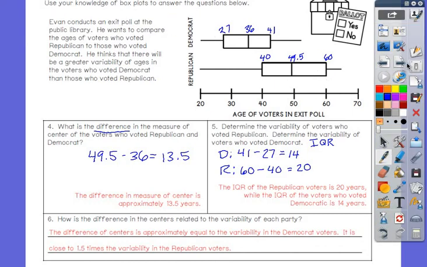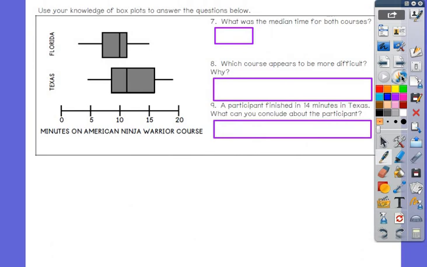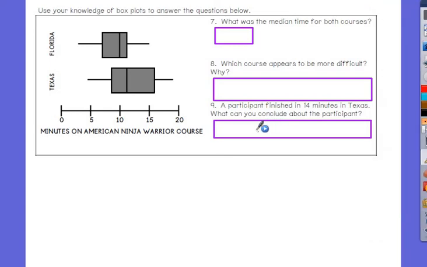All right, our last box and whisker we're going to look at. We're looking at minutes on an American Ninja Warrior course. If you don't know that show very well, there are 2 campuses. They have a course in Florida and they have a course in Texas that they will video their shows from. Looking at the box and whiskers, what course would you think?